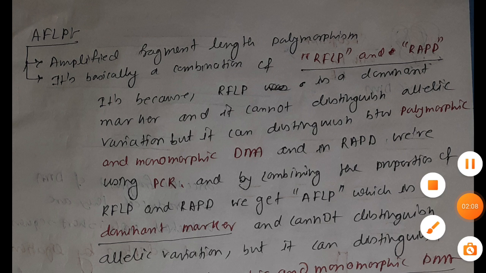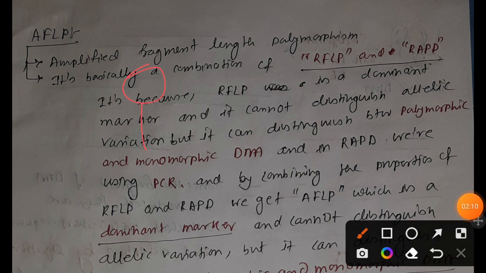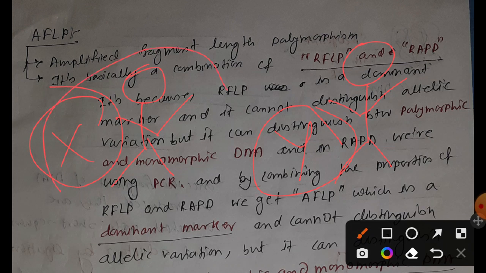Polymorphic DNA means, suppose this is individual X and this one is individual Y. Polymorphic DNA should differ between X and Y. That means it is a particular region of DNA that is present in both X and Y but differs between them. We have talked about VNTR and STR as examples of this kind of polymorphic DNA.